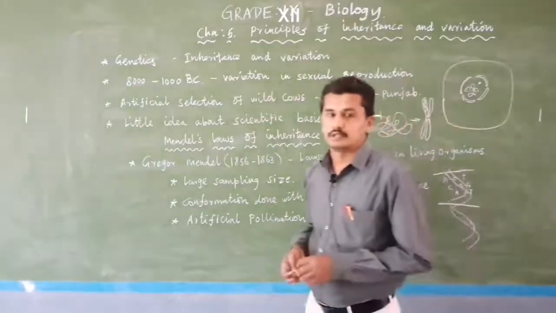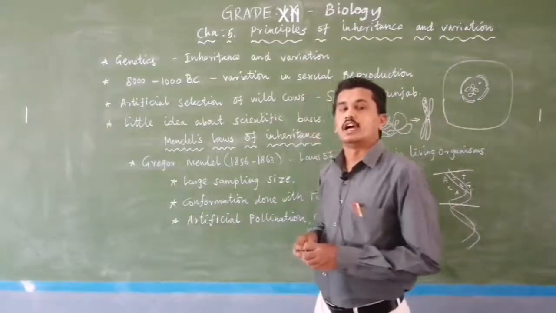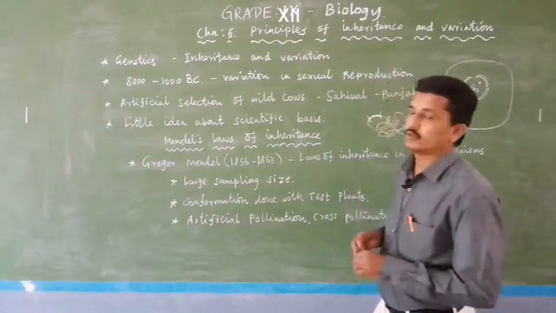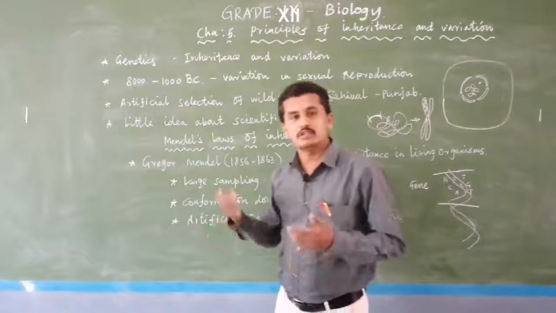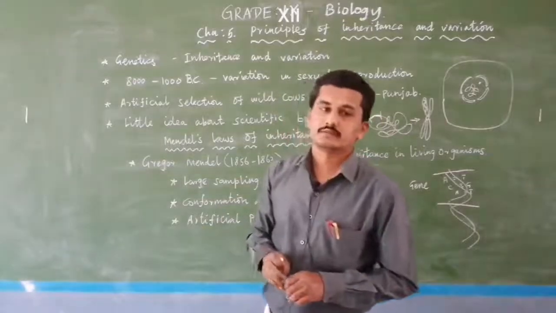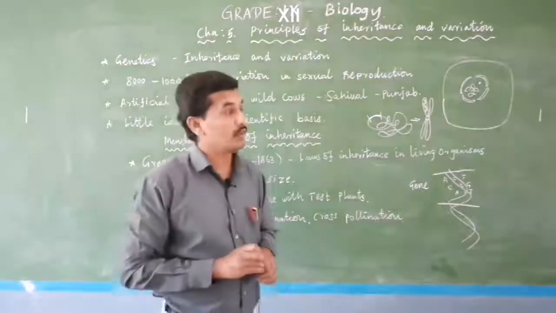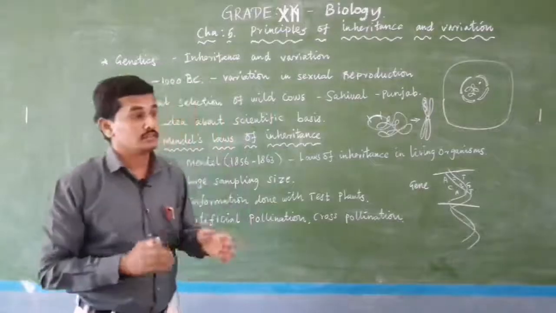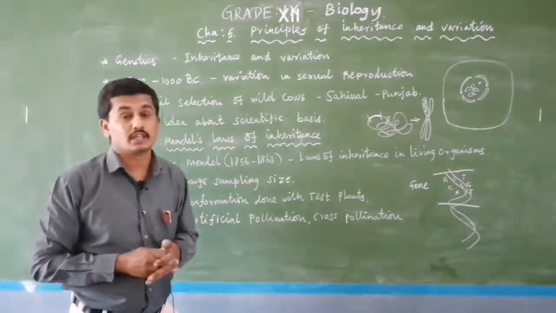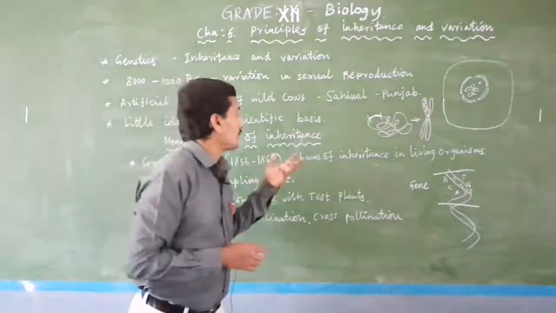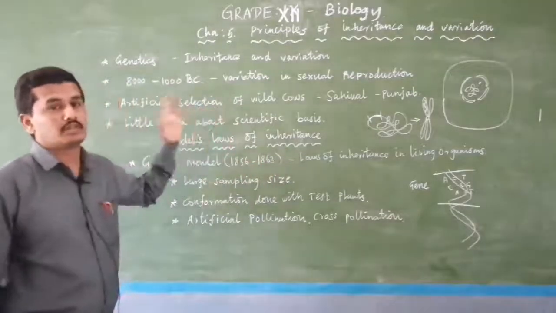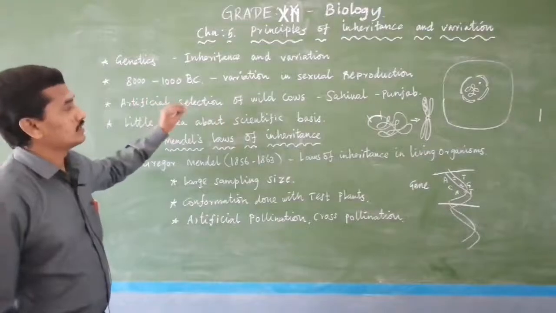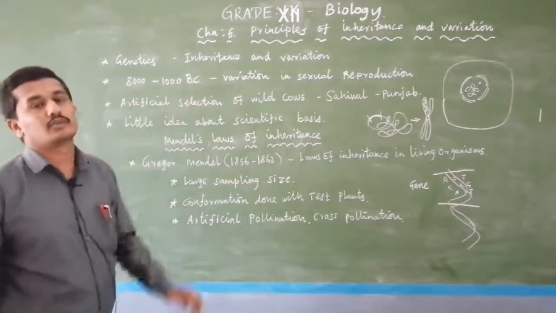Normally, humans know that variation occurs in sexual reproduction. Early humans knew that variation occurs due to sexual reproduction.